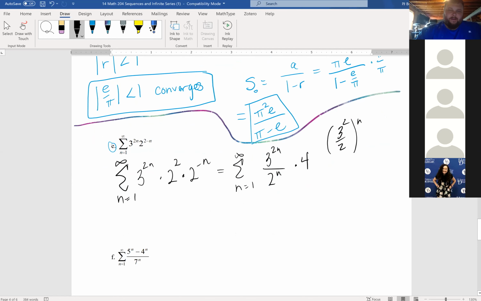So this guy here is really 3 squared all to the n, which means I can then write it this way. Right, and 3 squared is just 9. So I have 9 halves to the n times 4. Or if you really want, you could put the 4 in front.